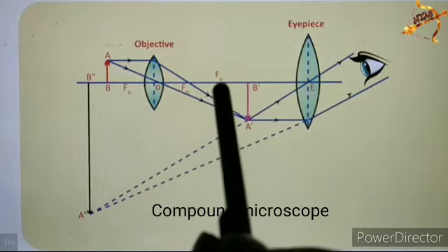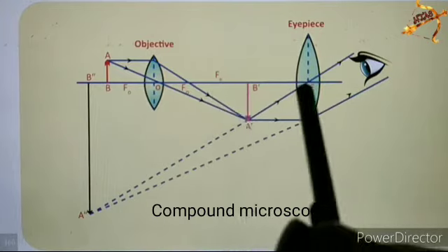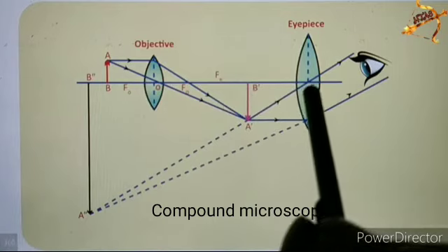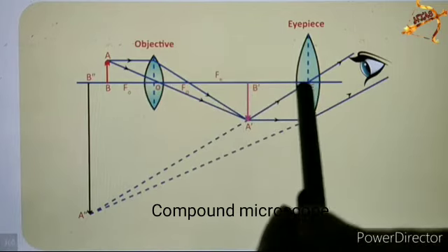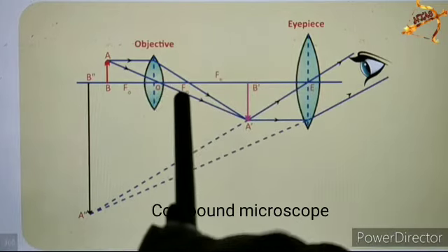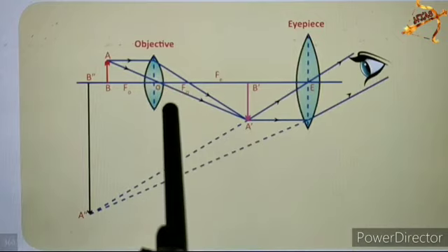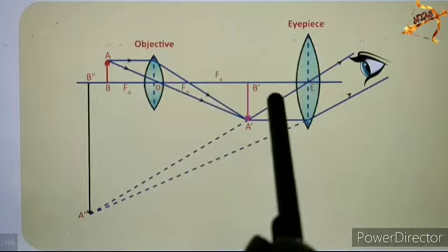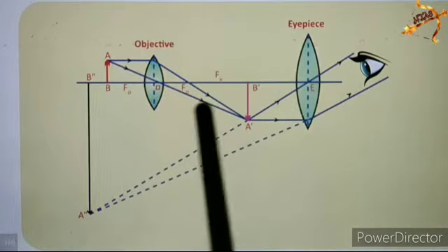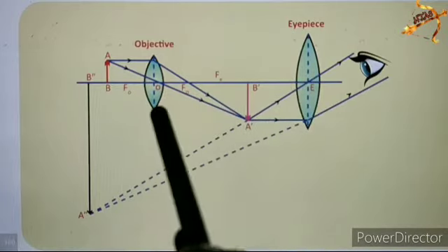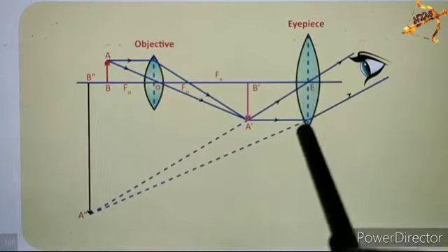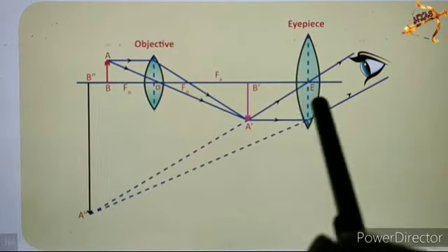Working. The object AB is placed at a distance slightly greater than the focal length of the objective lens. A real, inverted and magnified image A dash B dash is formed on the other side of the objective lens.